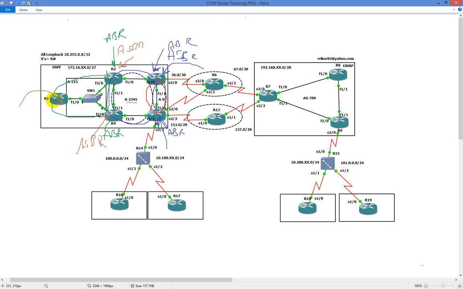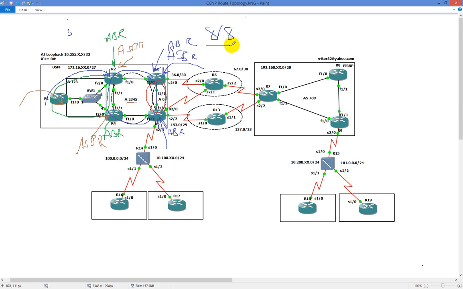Now, if router 1 wants to reach the external 8.0, or I'm sorry, 8/8, he learns that route in. Router 1 learns it via router 2, so he does a type 3 LSA lookup. He looks for the ABR, the summary link state, which says go to router 2. He hits router 2 and says, okay, I'm trying to get to this subnet. He looks at the routing table.